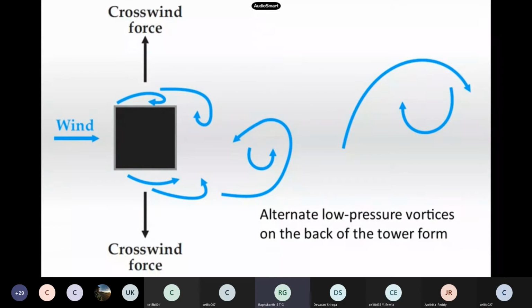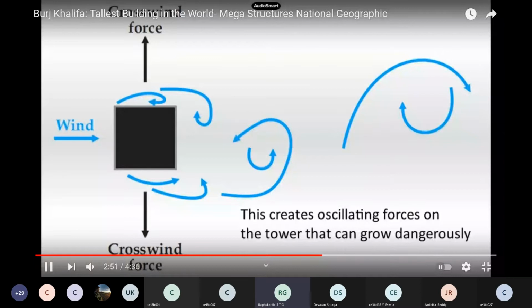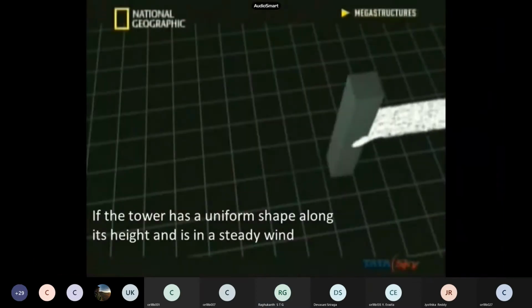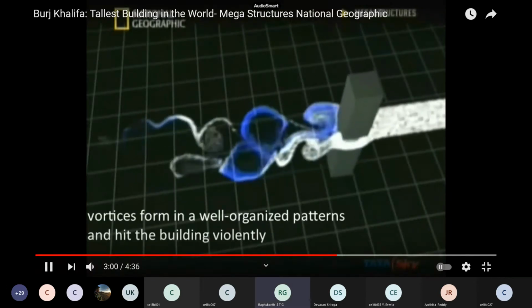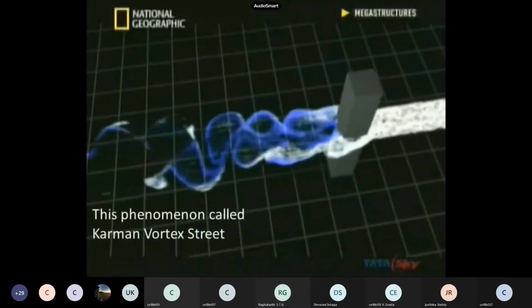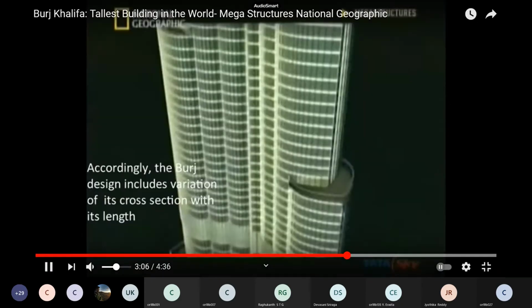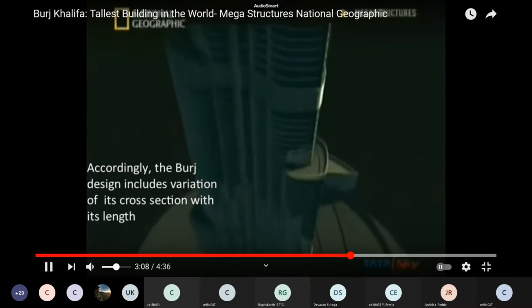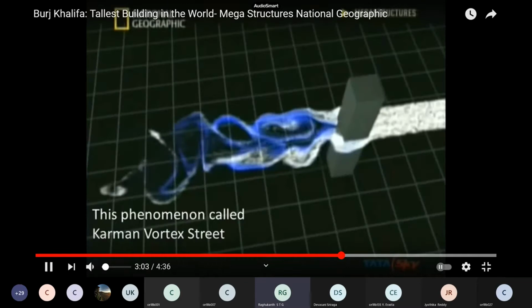So you can see, when the building is vibrating, the wind is blowing. Now how is this building vibrating? If you see this figure here, when the wind is blowing in this direction, how is the building vibrating?